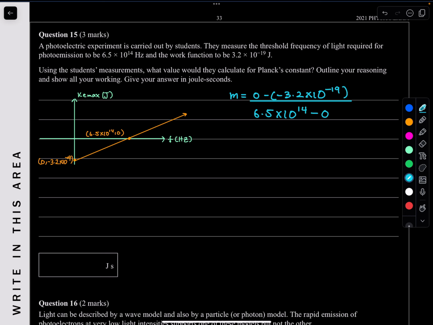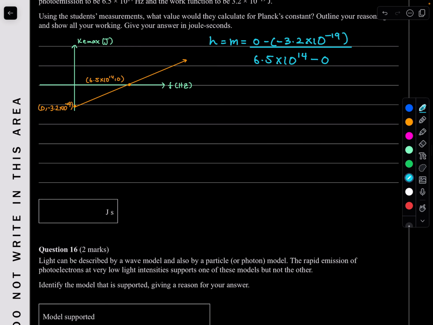And your m, your gradient, is your Planck's constant, which is 3.2 times 10 to the negative 19 over 6.5 times 10 to the power 14. That gives me 4.9 times 10 to the power of negative 34.